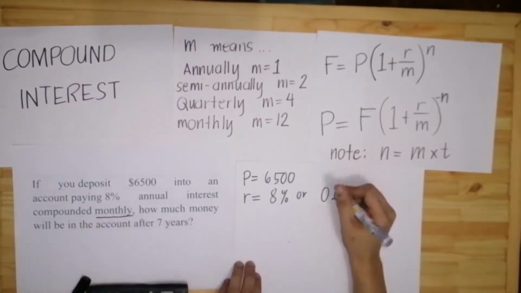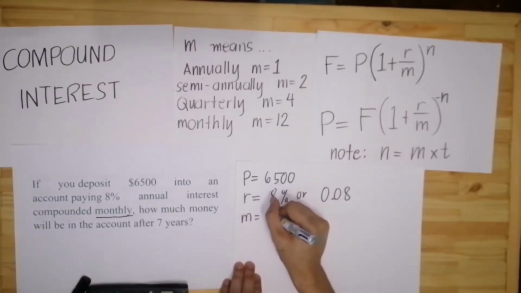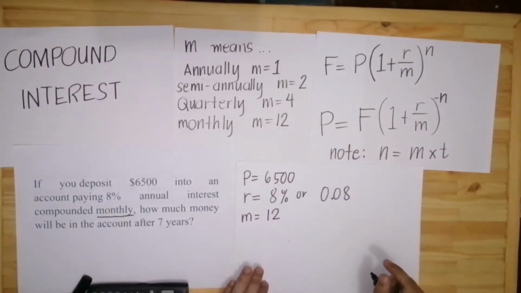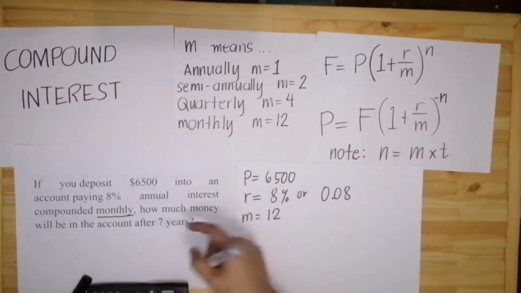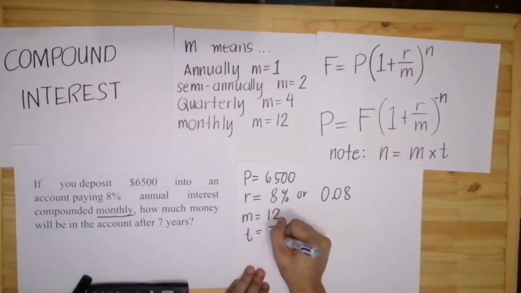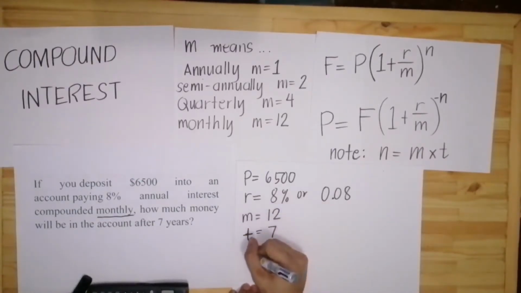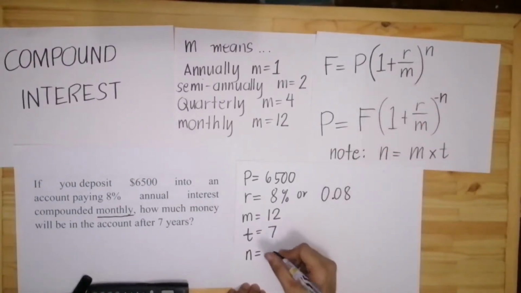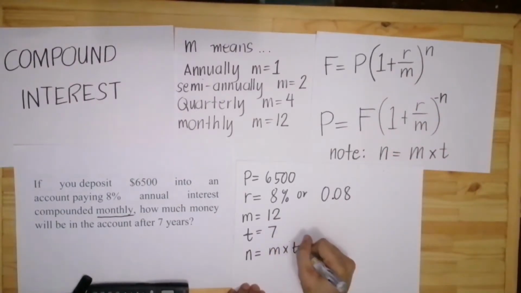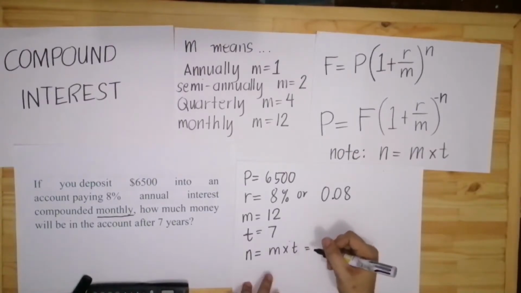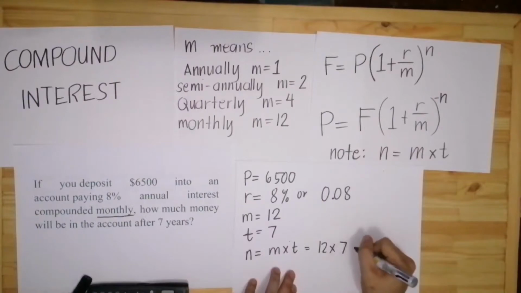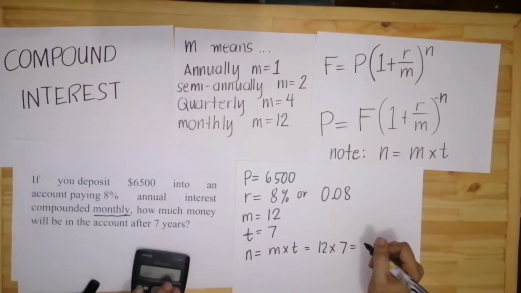Then compounded monthly, so yan yung M mo, that is equal to 12. Next, compute na yung time natin ay 7 years. Then compute natin agad yung N for this. Yung N natin ay M times T. Lagi. Fixed formula yan. M is 12 times, yung T natin ay 7. So, 12 times 7 is equal to 84.